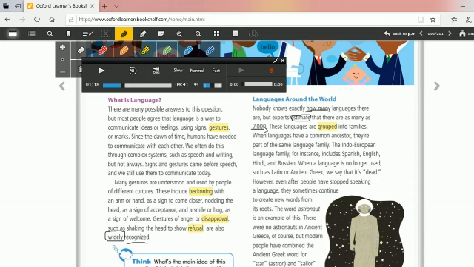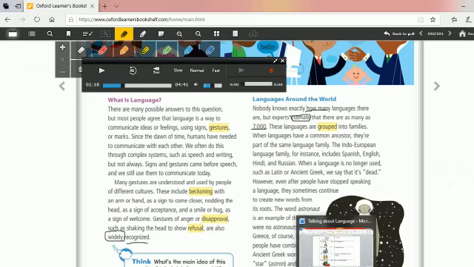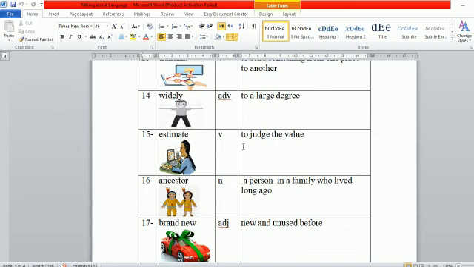So, can you guess now what's the meaning of estimate? Estimate is a verb that means to judge the value. The girl estimates how much things she needs. Let's move to another word.